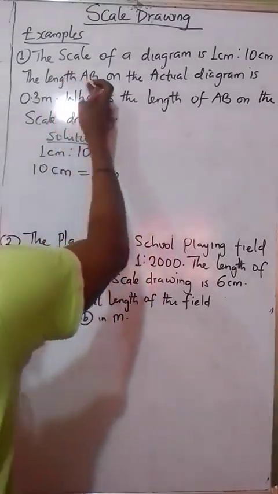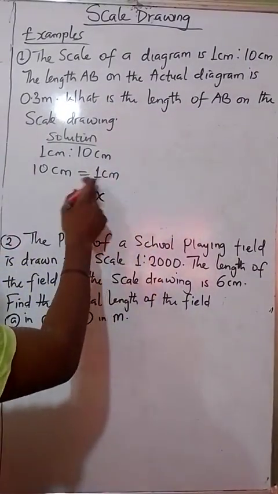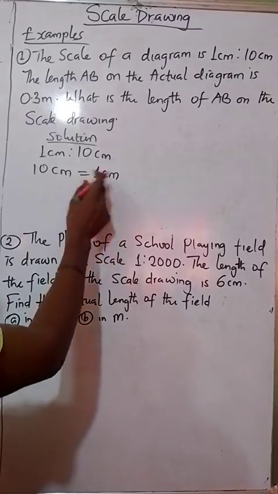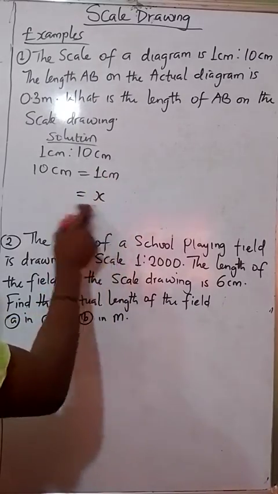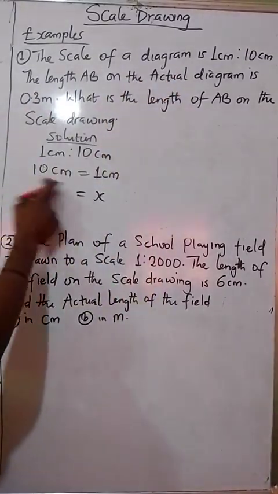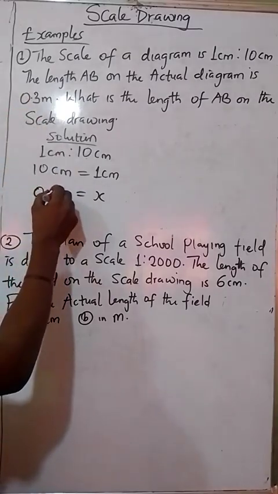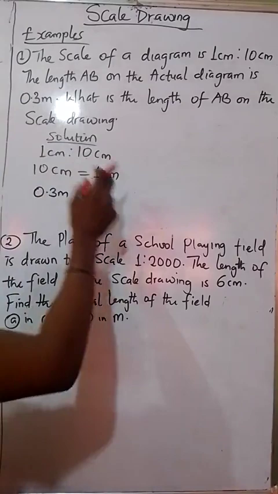You are asked to find the length of the scale drawing. They want you to find this side. They've given you the actual. This 10 centimeter represents the actual, and 0.3 meters also represents the actual. So you are looking for x.